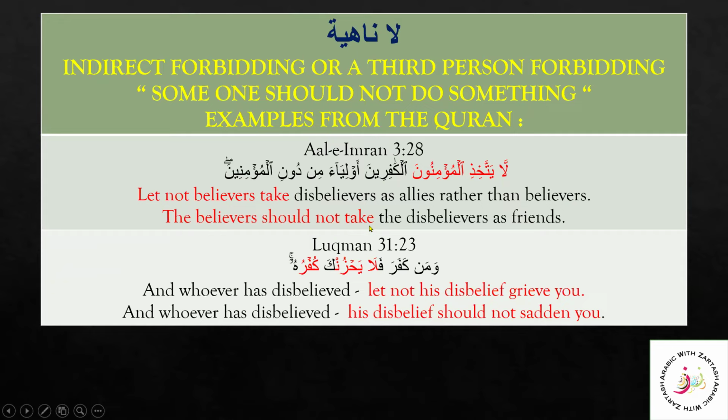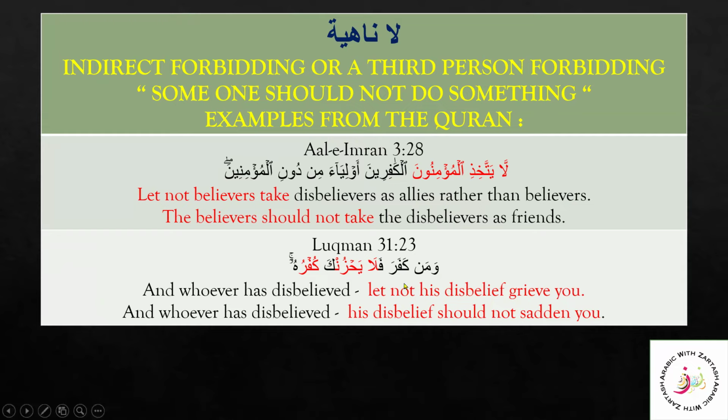Now, this is indirect forbidding: let not believers take the disbelievers as friends, awliya min dunil mu'minin. Here you see an example of la nahya in an indirect, third person forbidding way. The translation will be should not: the believers should not take. La yattakhizil mu'minunal kafirina.